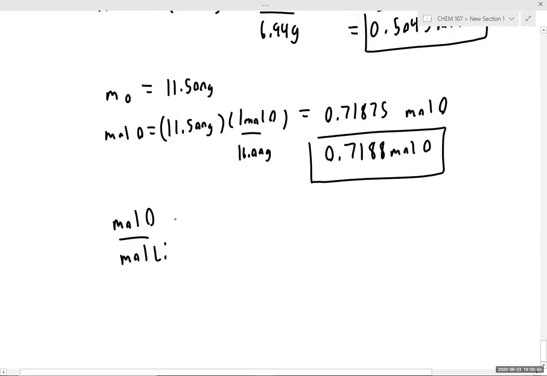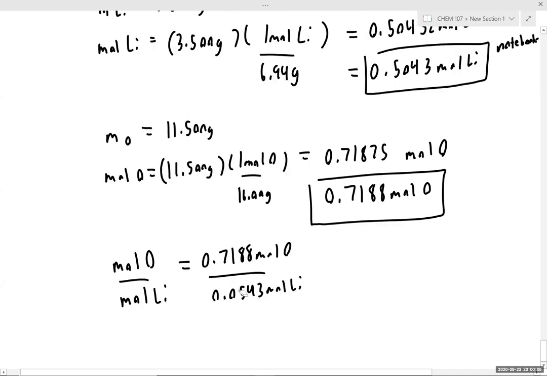So taking our mole to mole ratio, we have 0.7188 moles of oxygen over 0.5043 moles of lithium. And that in turn gives us 1.425 moles of oxygen per 1 mole of lithium.